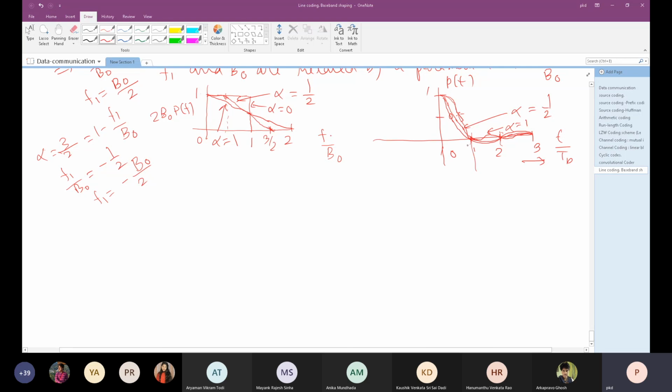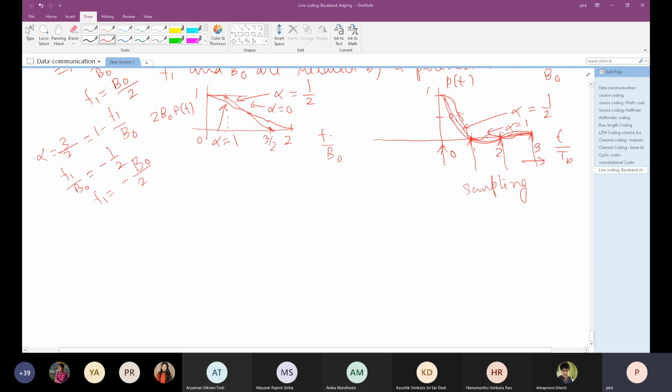These are the sampling instants. And there should not be any other zero crossing just nearby. So even if we have a sampling uncertainty of delta t, it should not be too near.